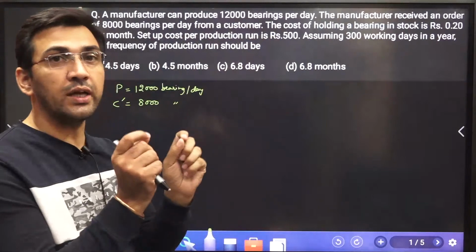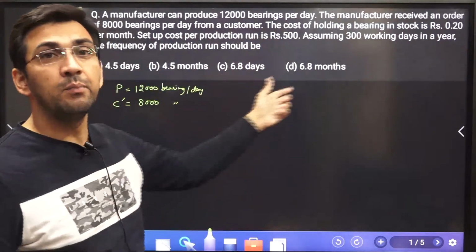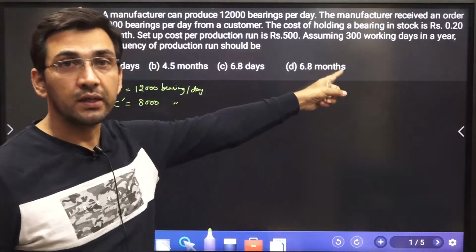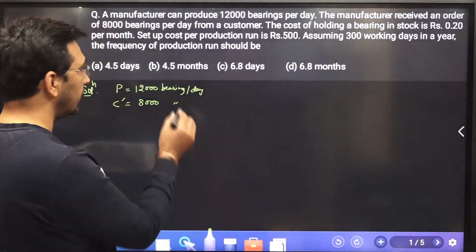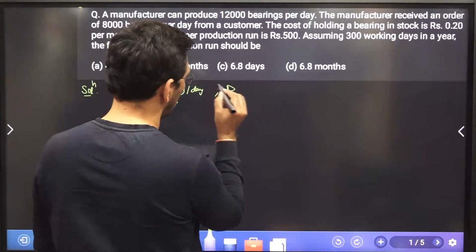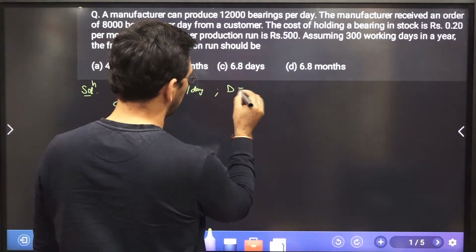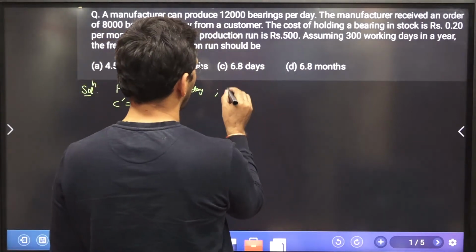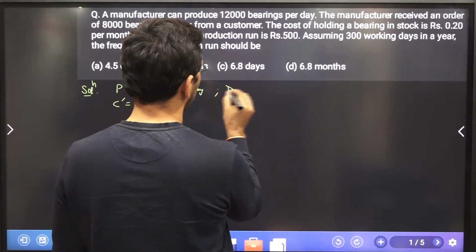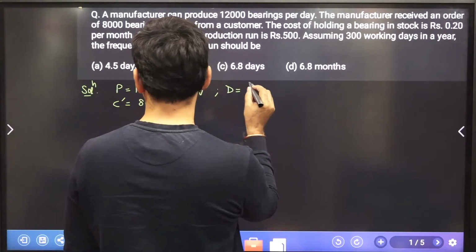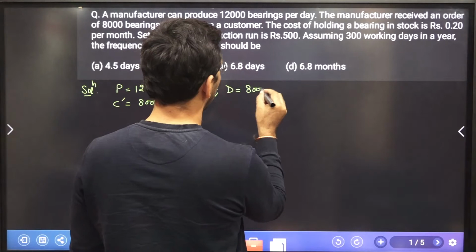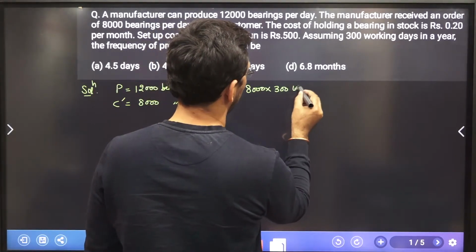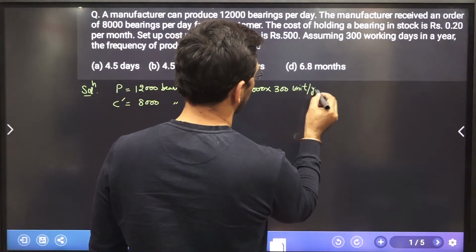So the total annual demand is consumption per day multiplied by the working days in the year. The annual demand, normally denoted by D because this is a deterministic model, is 8,000 multiplied by 300 units in a year. That's all.